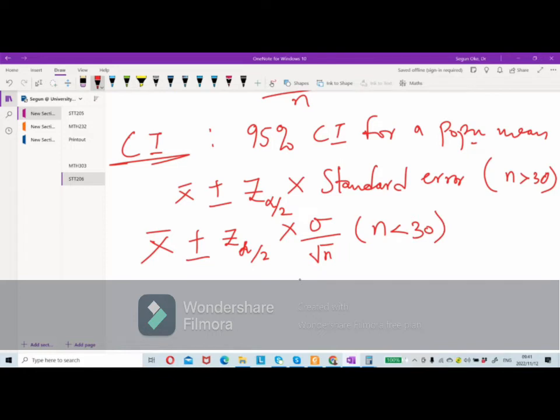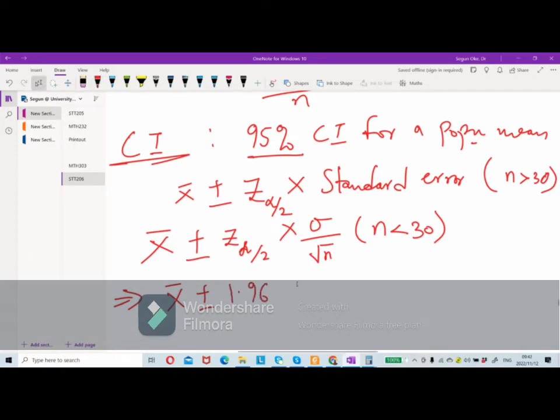Please take note of the difference between the two. The examiner can give you the value for this by saying, if you check your table, it's there. It's not new. X bar plus or minus 1.96.